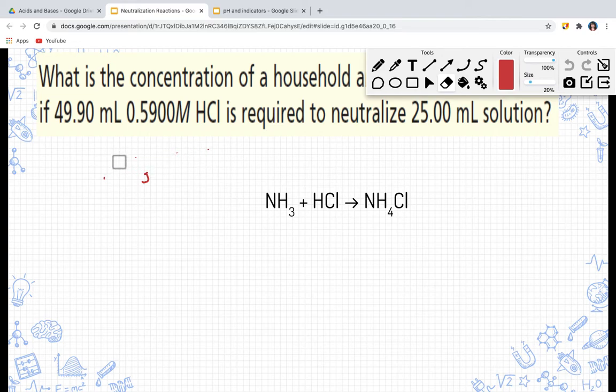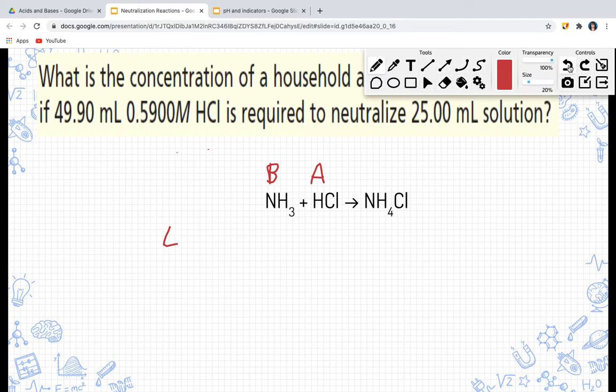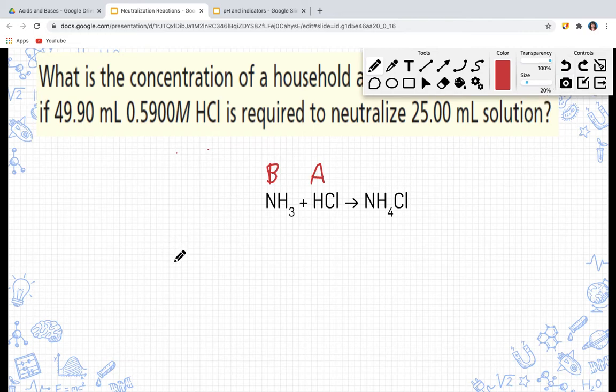So what we have is the volume of our acid. We know the molarity of our acid. We know the volume of our base, and we need to find the molarity of our base. So I actually want to do molarity of my base times the volume, which is 25.